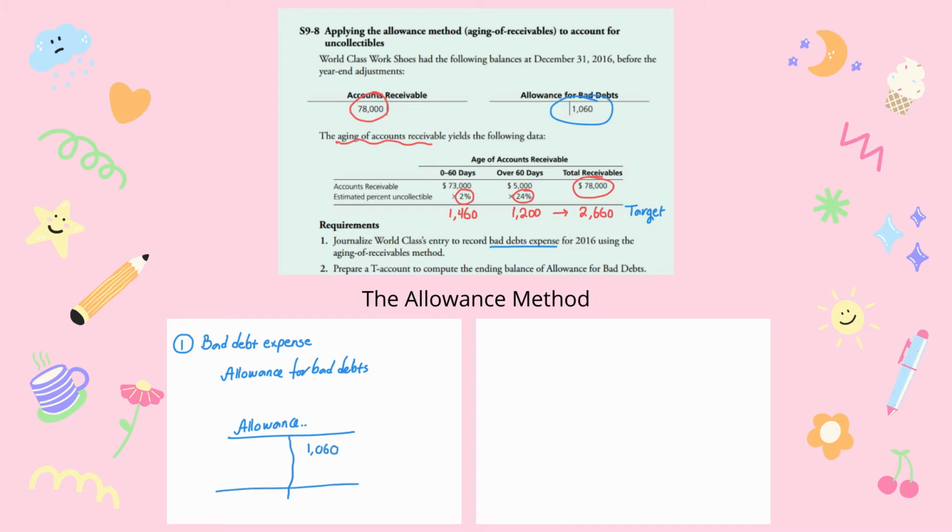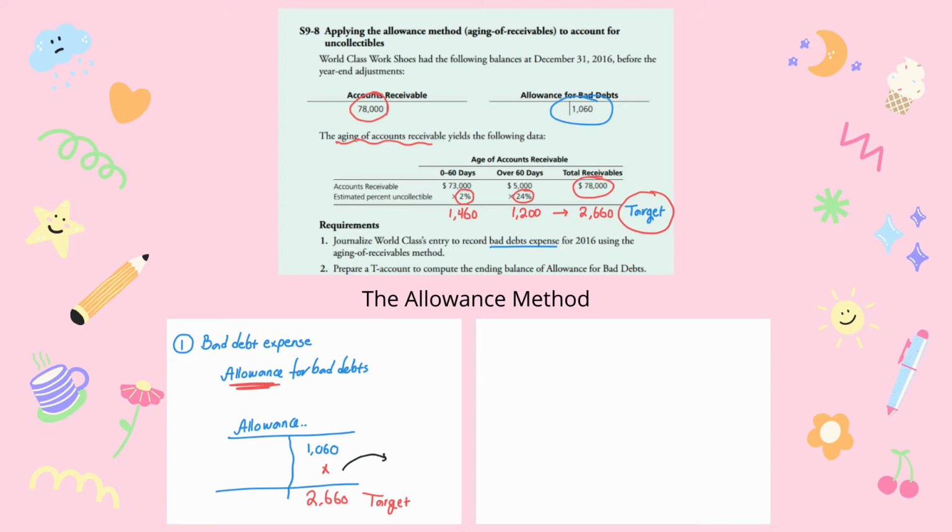Now in the adjusting entry we have the allowance and the credit, and here we found that the target is 2,660. So X and the target will always be on the credit side. Only the unadjusted balance might be debit, might be credit. So now to solve for X, what shall I do?